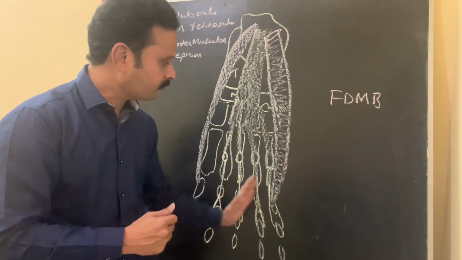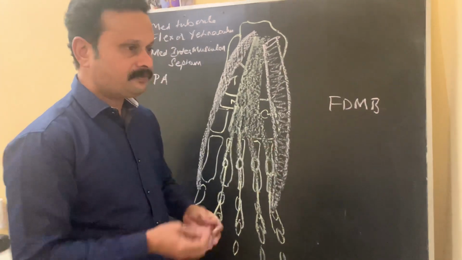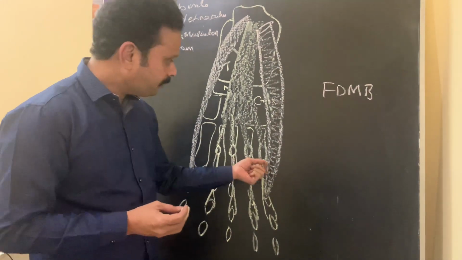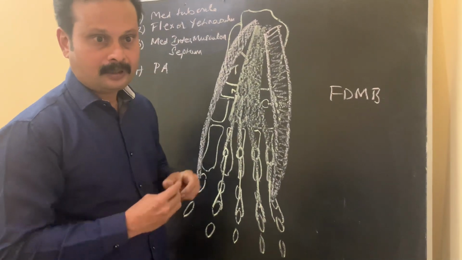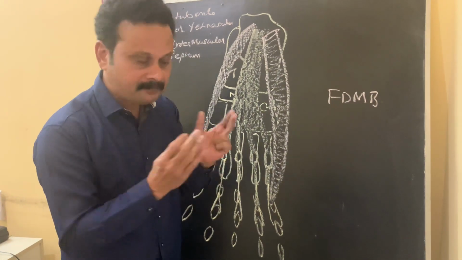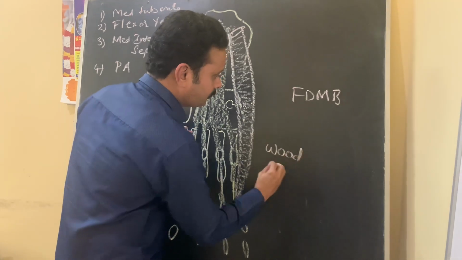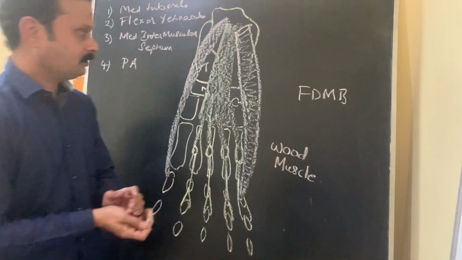Some fibers of this muscle from its medial aspect may gain attachment to the tubercle of the fifth metatarsal bone, and that muscle, if present, is called wood muscle.